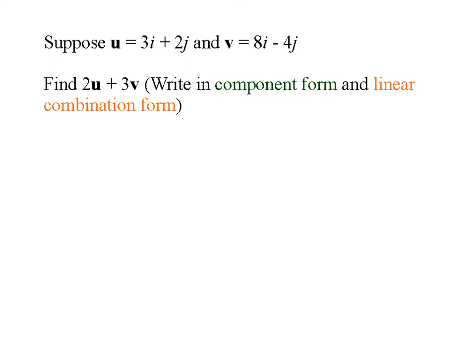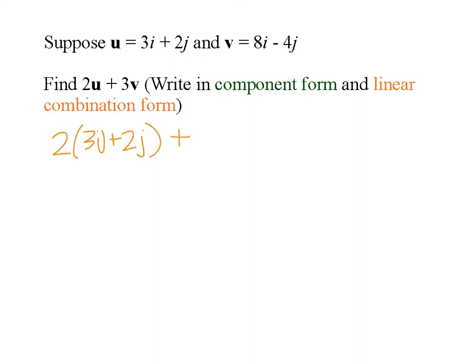So our first example using this is, first, we are going to find 2u plus 3v, and we're going to write this answer in component form and linear combination form. So I'm going to start with linear combination form because it's already in linear combination form. So 2u is just going to be 2 times 3i plus 2j.